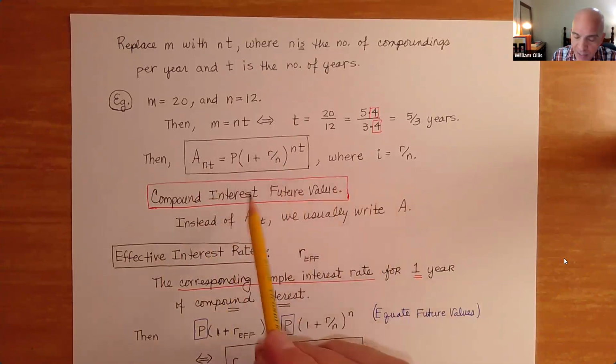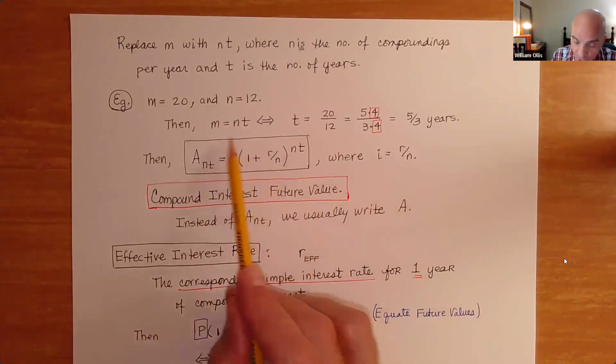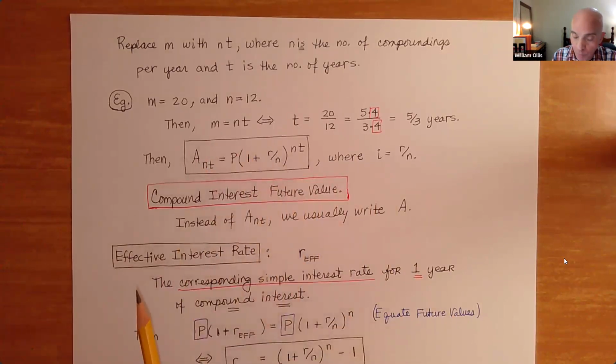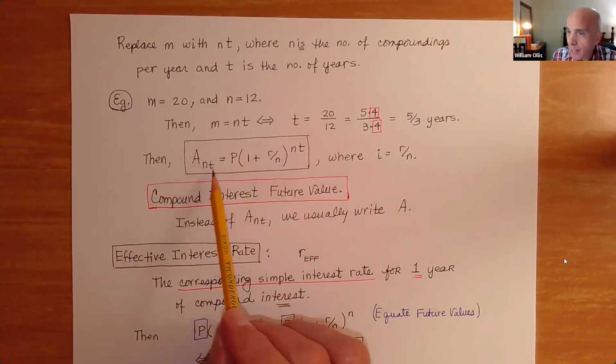So now we can say the compound interest future value can be denoted by this particular formula. Now, what I've written here, we don't usually subscript the A with the NT, the number of compoundings. We just usually write A.